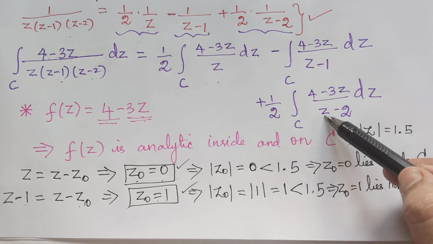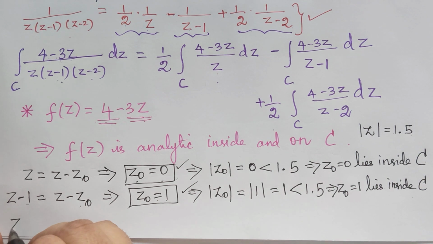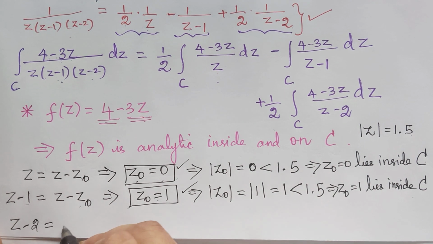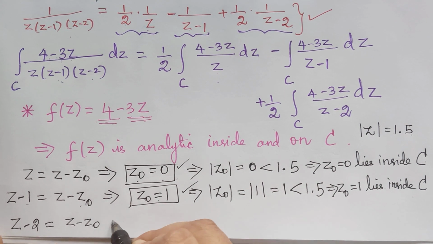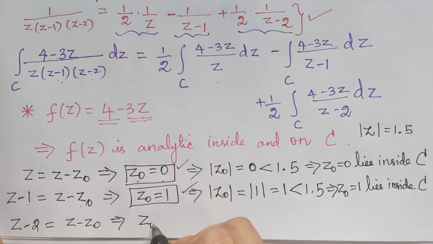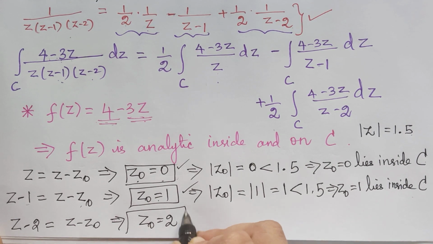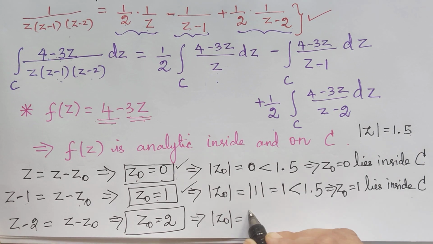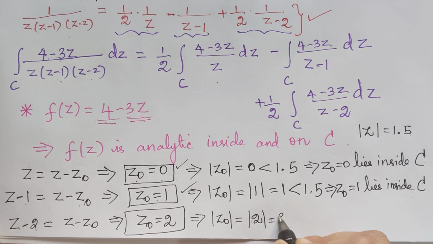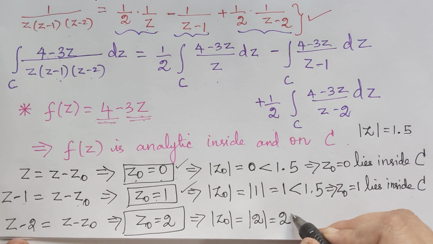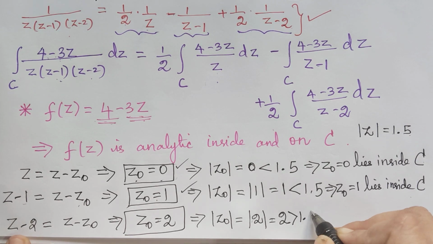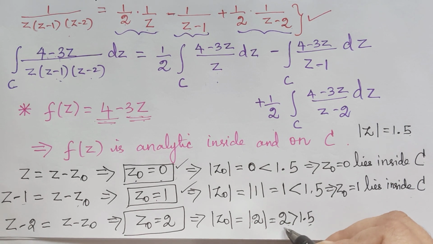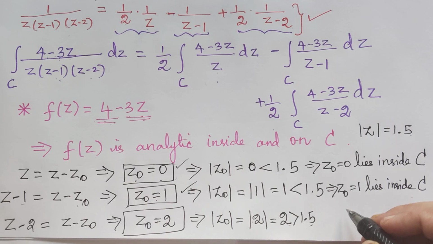And the third integral is z minus 2, that we will check now. So z minus 2 is z minus z naught. From this we get z naught to be equal to 2. What is modulus of z naught? It is modulus of 2, which is 2 only. But 2 is greater than 1.5, which means it lies outside the circle.